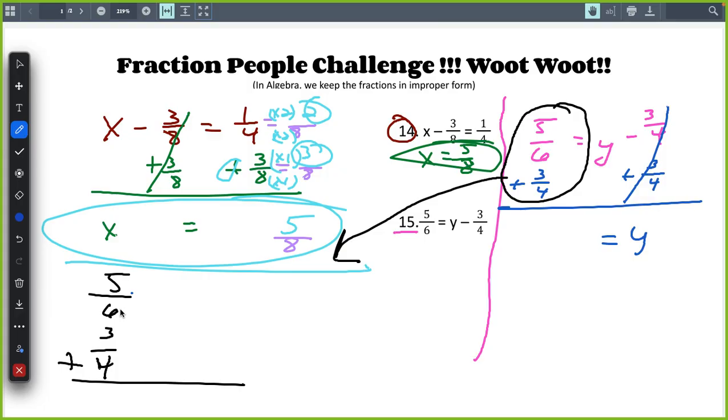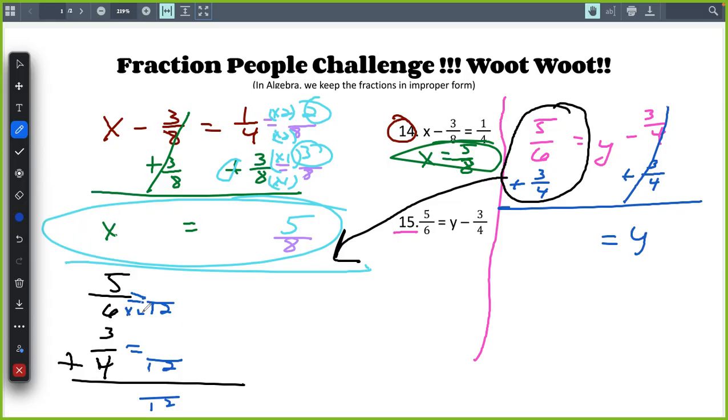The first thing I'm going to do is look for my largest denominator because I can see already that my denominators are not the same. And so my largest is 6, right? Does 4 evenly divide into 6? No. So then I have to say 6 times 2. What is 6 times 2? Oh, that's 12. 12 works for 6. 12 works for 4. 12 will be our lowest common denominator.